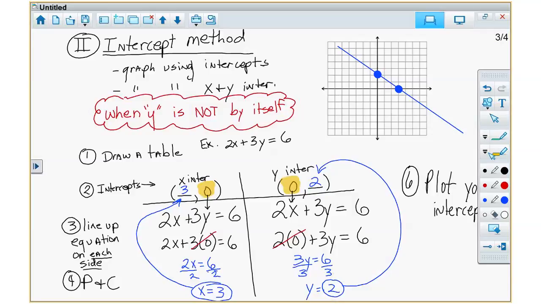Bring it over, that'd be an 8. 3 divided by 8 is 2 1/4. So I might be off a little bit with my graphing. You can't go by my graphing because those are 2 bad dots. It's easy to make a mistake when you're talking about the intercepts.